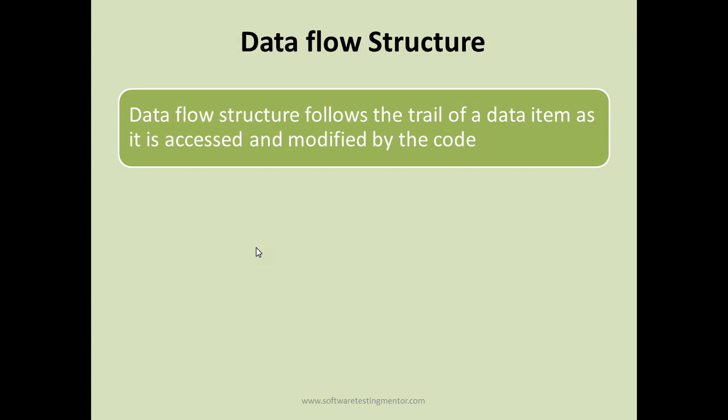So suppose a value in the database for a variable is 100, then you keep an eye on that variable in the database, and while the code is accessing and modifying that variable, you see how it's getting accessed and modified by the piece of code that you are testing. So data flow structure focuses on the data, not on the code.